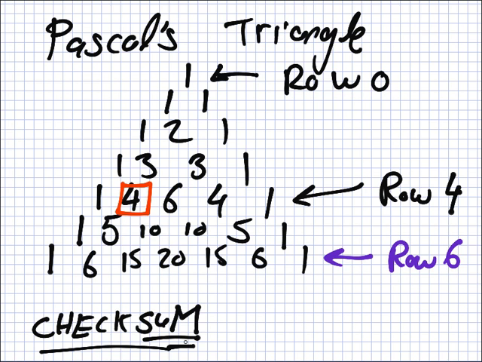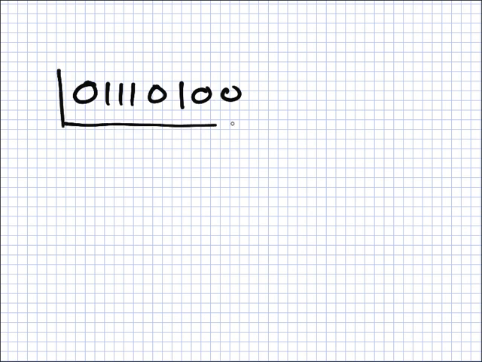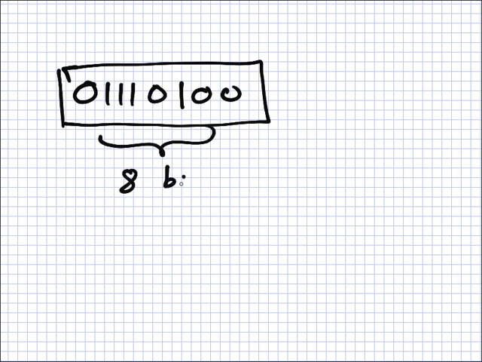I'll give you a quick example. Your data is normally in groups of 8 bits, 8 zeros and ones.